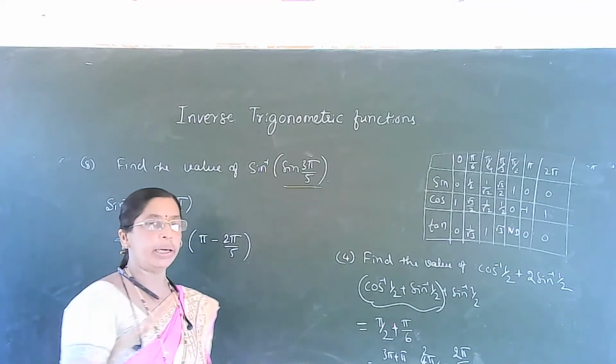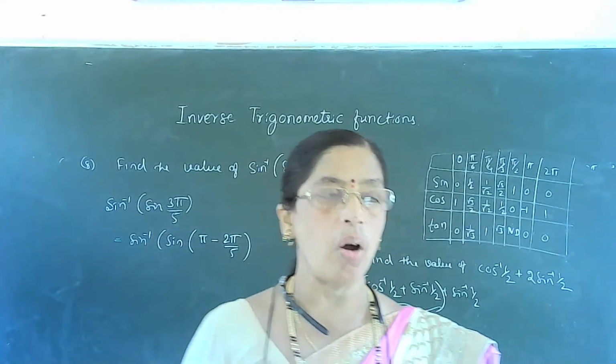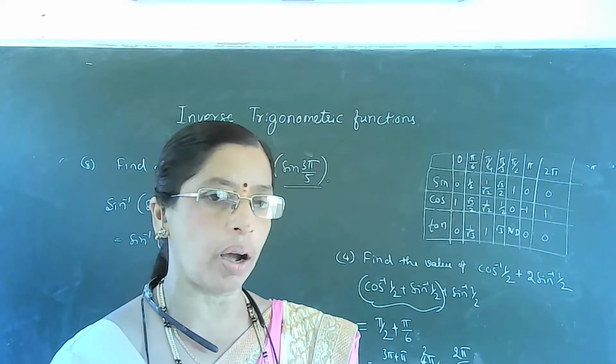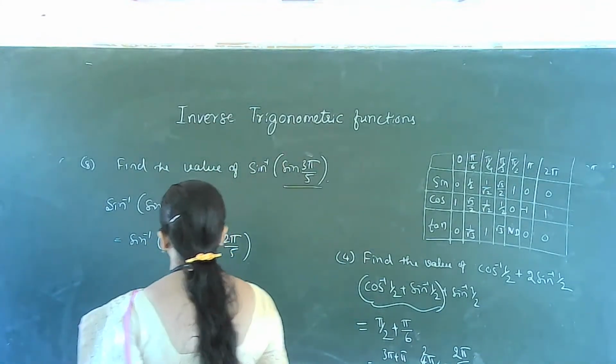You should write the angle in terms of 180 plus theta, 180 minus theta, 2 pi plus theta or 2 pi minus theta.